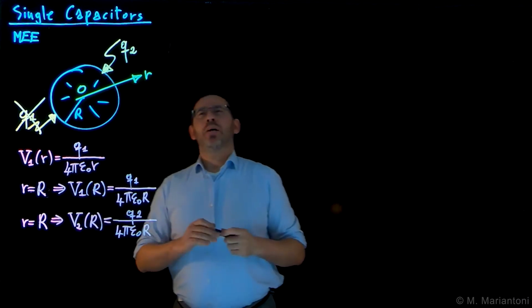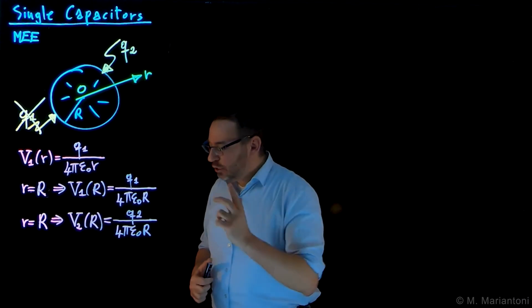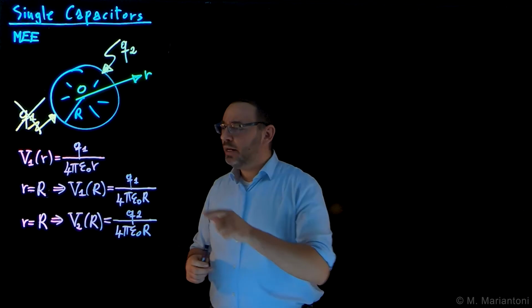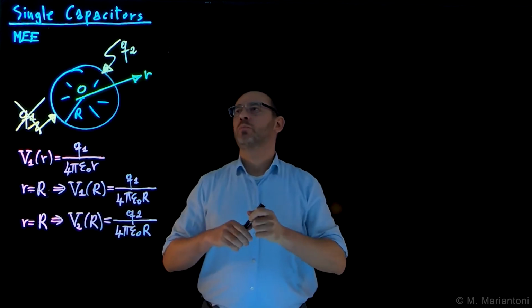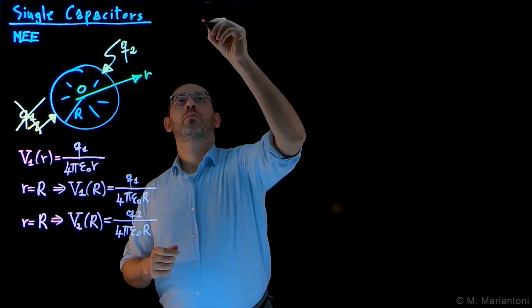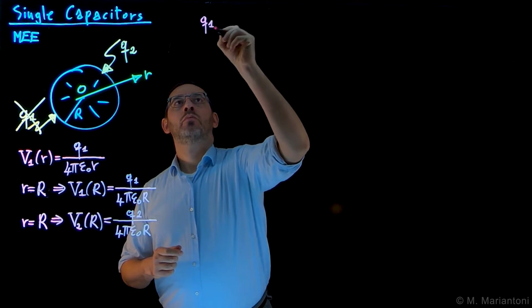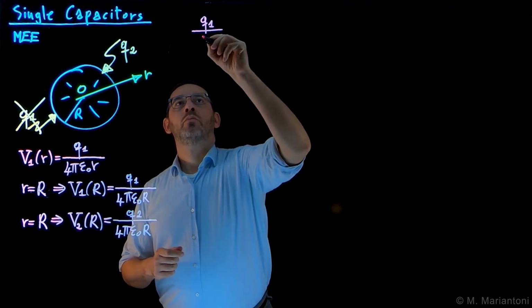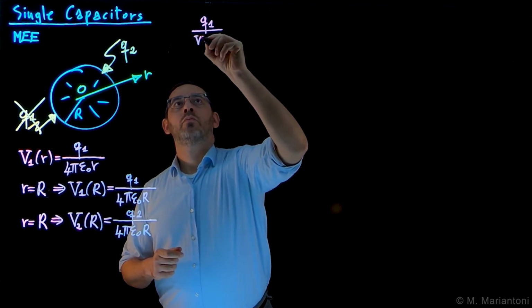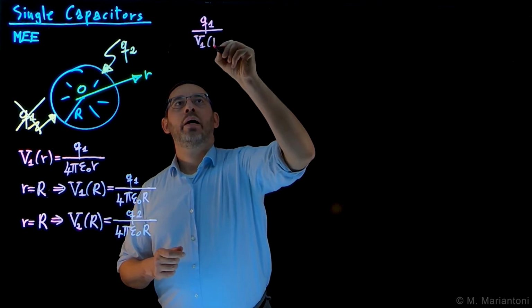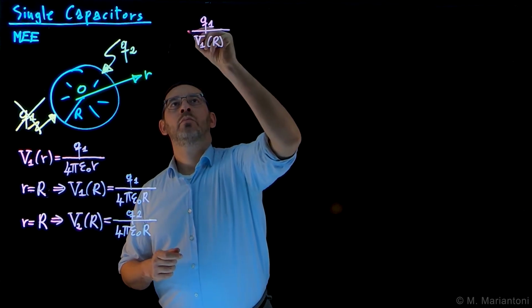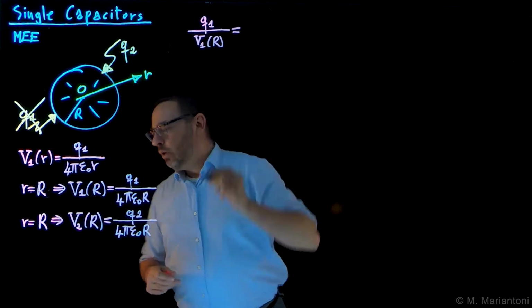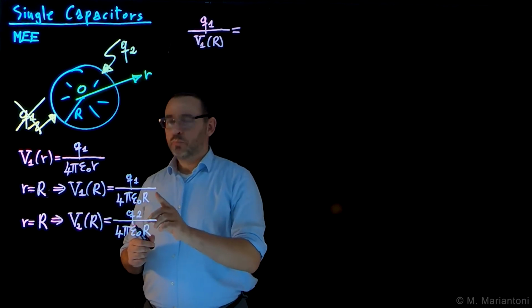Now, what happens if I compute the ratio between, let's say, Q1 and V1 at capital R? Well, the result of this ratio is very simple.